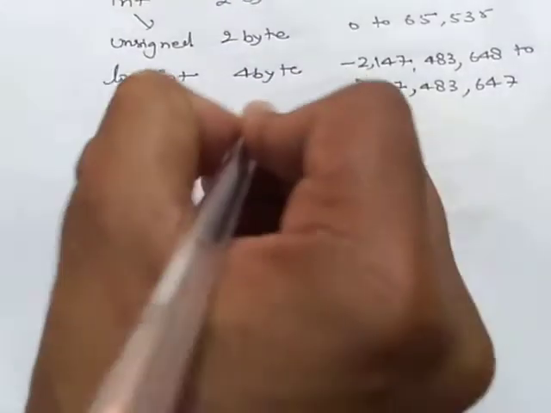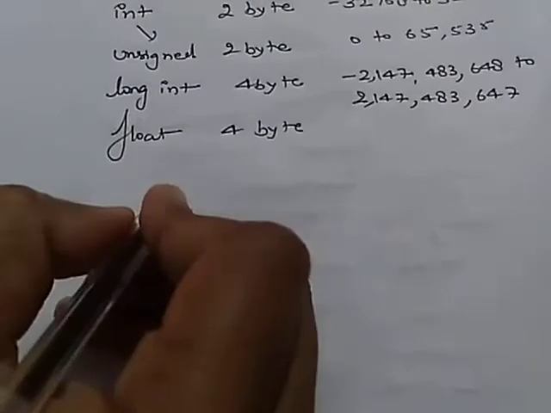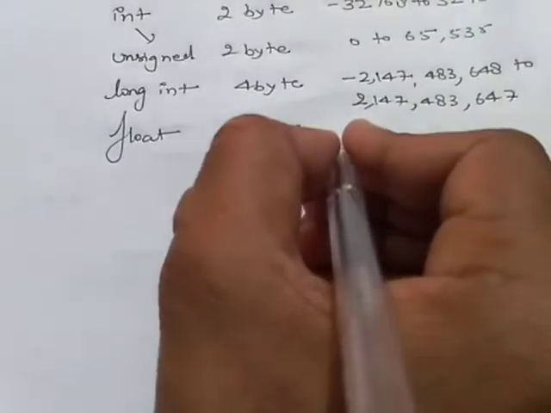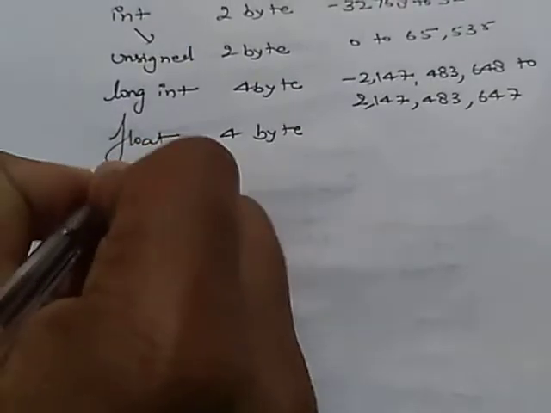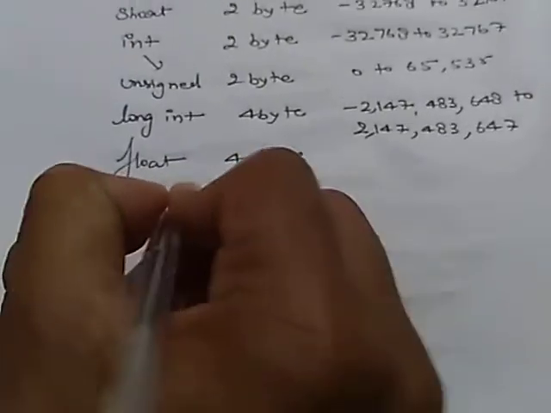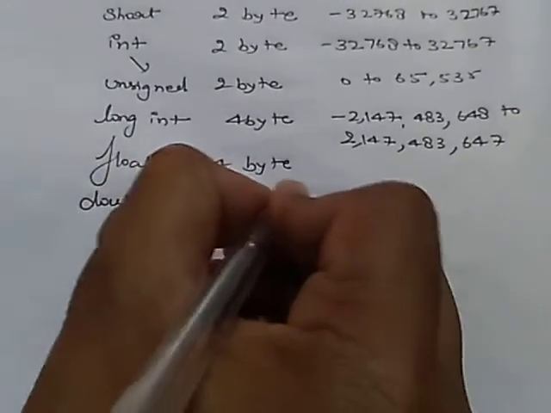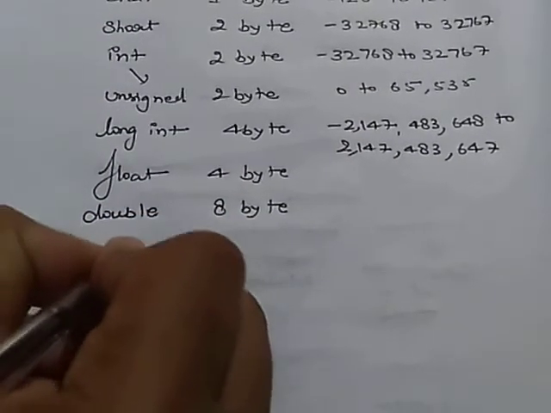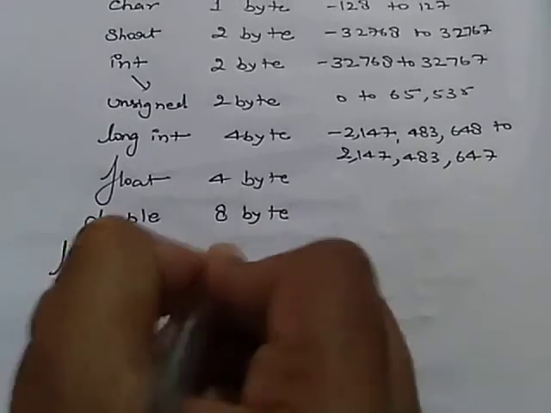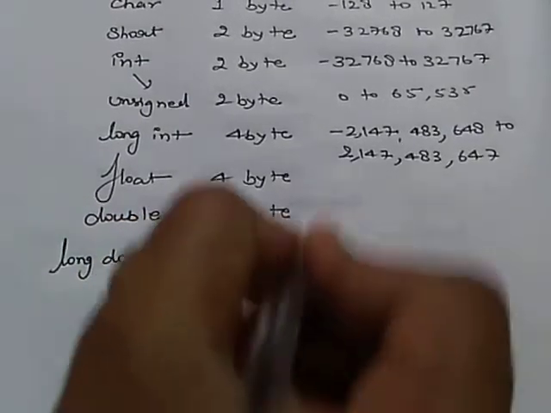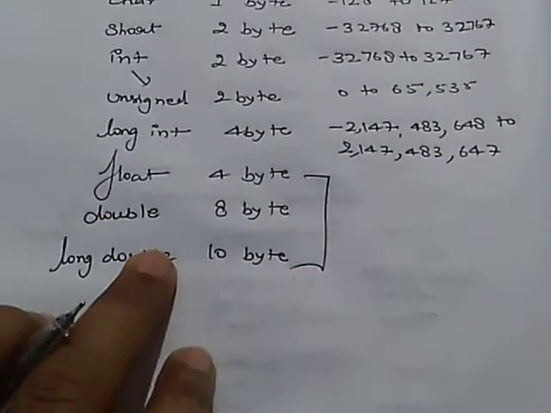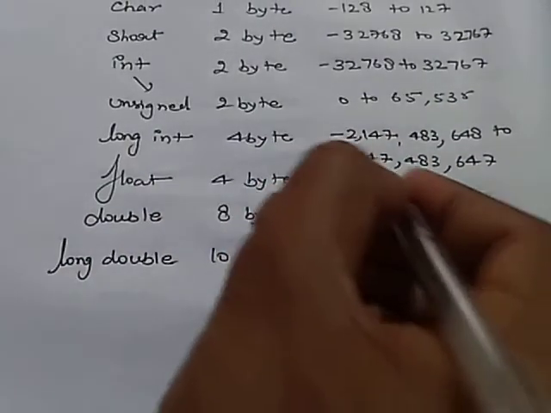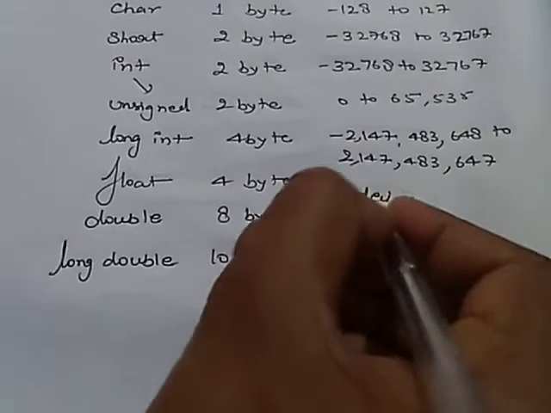Float will take 4 bytes of memory and double takes 8 bytes of memory. Long double takes 10 bytes of memory. Now in case of float we have 6 decimal points and here we get 15 decimal points.